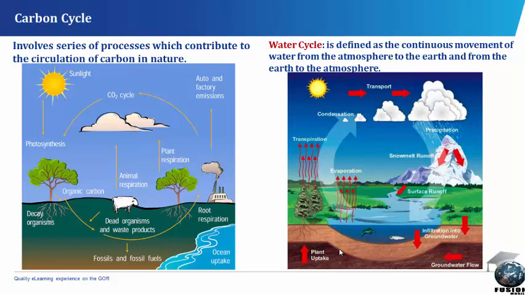Carbon cycle. Carbon cycle involves a series of processes which contribute to the circulation of carbon in nature. Here, carbon dioxide is removed from the air mainly by photosynthesis, during which plants use it to manufacture their own food. Carbon is lost in the form of carbonates of calcium and magnesium through leaching and drainage.